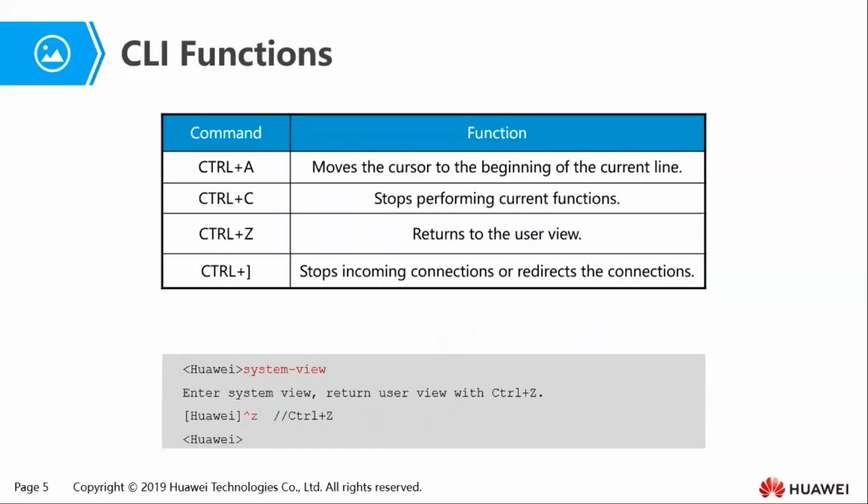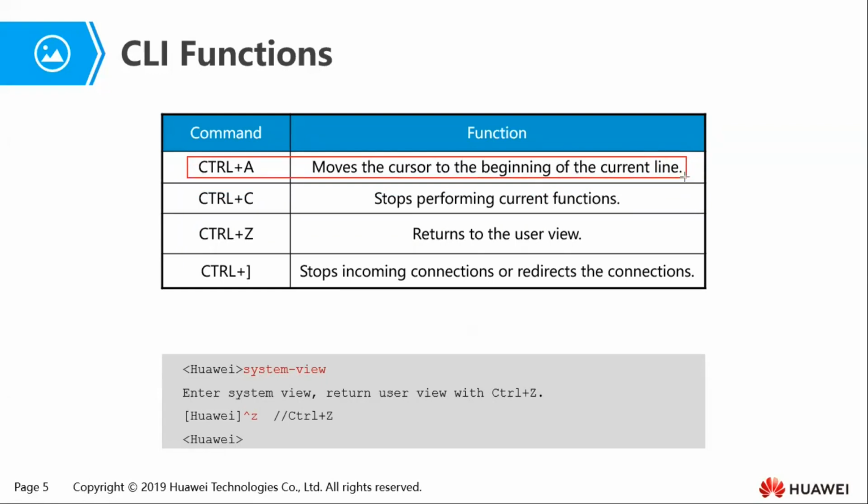So let's look at some of the functions that you can perform in CLI. Just like many other operating systems, VRP also provides what we call keyboard shortcuts, shortcut keys. In this first example, Control A can be used to move the cursor to the beginning of the current line.